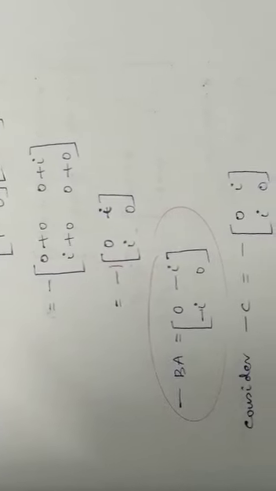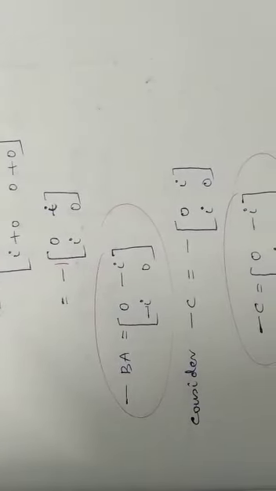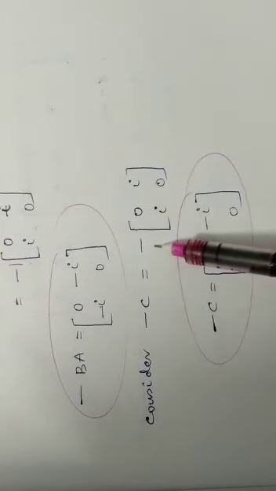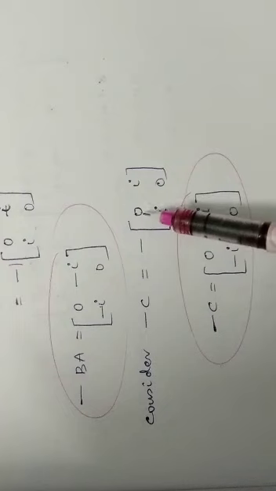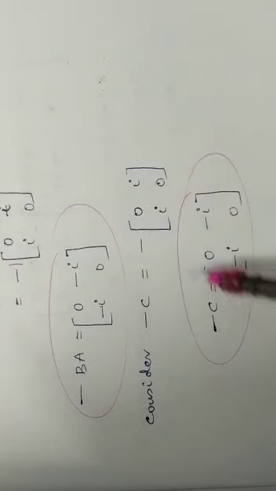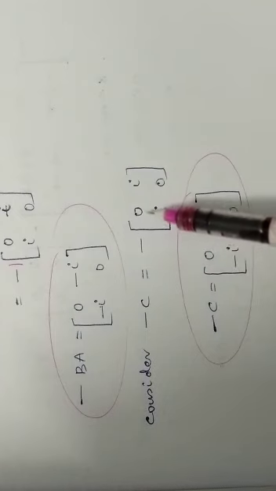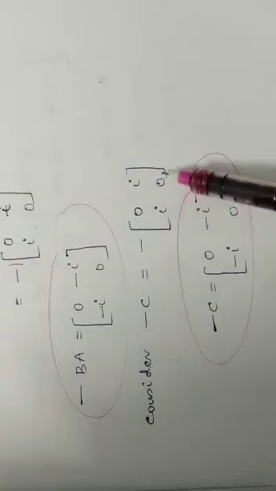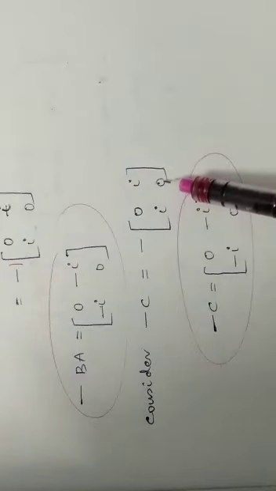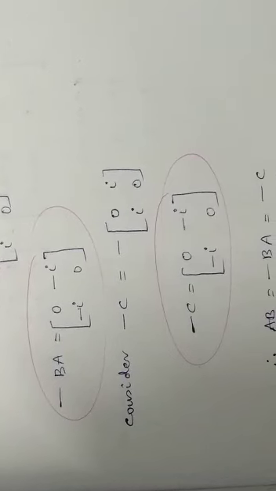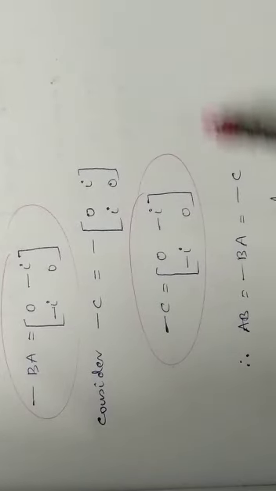Now consider minus C. So minus C, 0 I I 0. Multiply minus inside, 0 minus I, minus I, 0. Now observe whether AB and minus BA, minus C, all the three are equal or not.